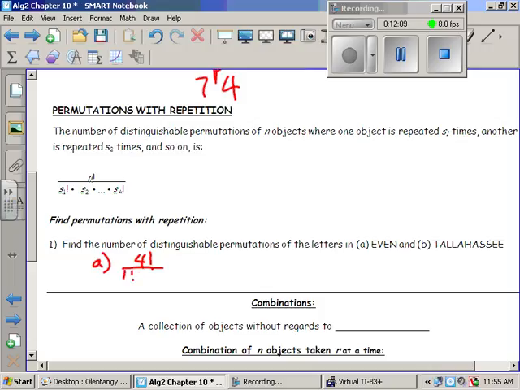N shows up once, 1 factorial. But E shows up twice, so that'd be 2 factorial. So I've got 4 factorial over 1 factorial times 1 factorial times 2 factorial. So that'd be 4 times 3 times 2 times 1 over, and 1 factorial is just 1, so I'm going to ignore it, over 2 times 1. So that's 24 over 2, which is 12. So there's 12 ways to write "even."